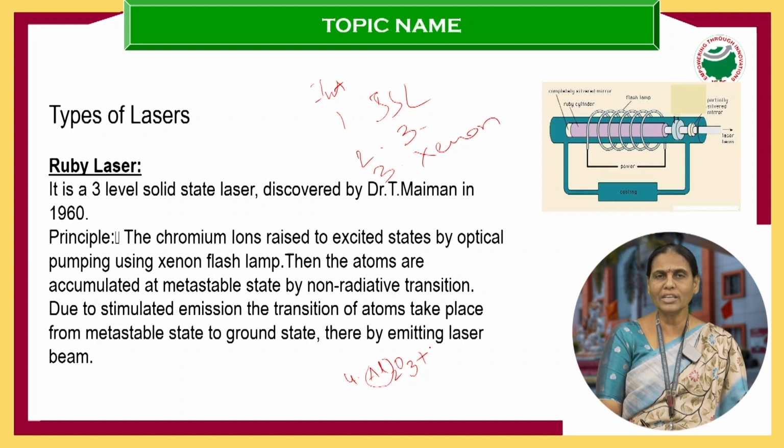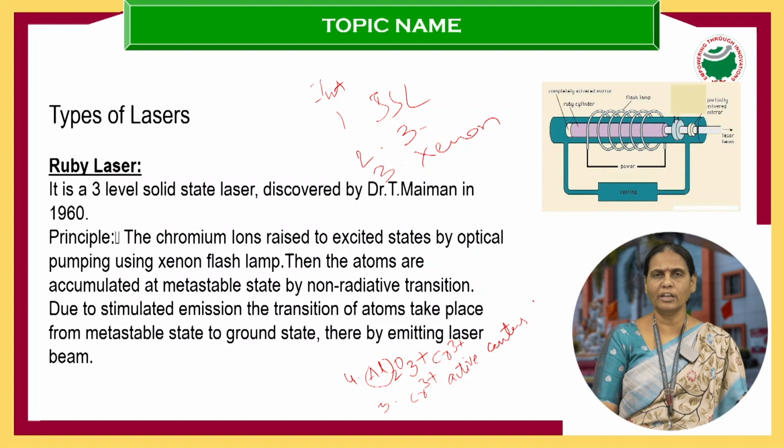That means some impurities are added in place of the aluminum. Those impurities are chromium ions, which act as the active centers. These materials which we are adding as dopants act as the active centers in order to produce population inversion.